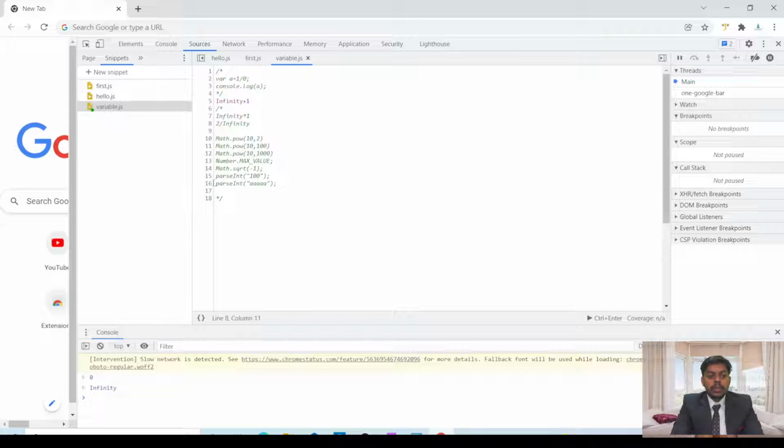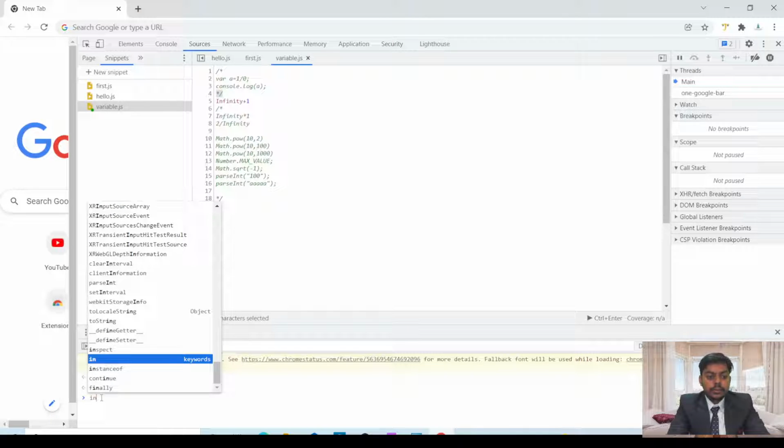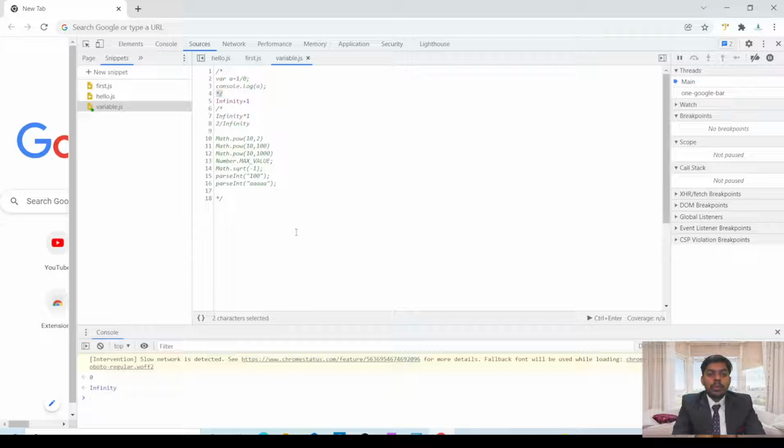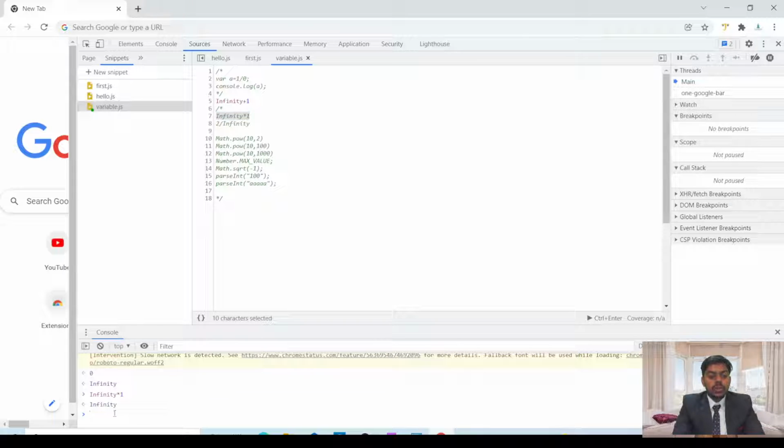Now Infinity into 1. I'm copying and pasting it from here, Control C. Infinity into 1 is also going to be Infinity.